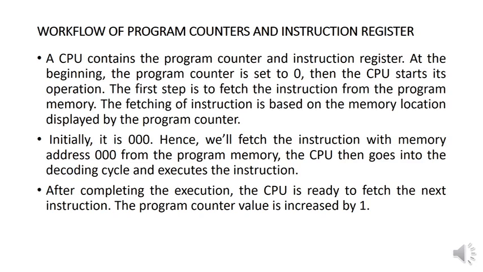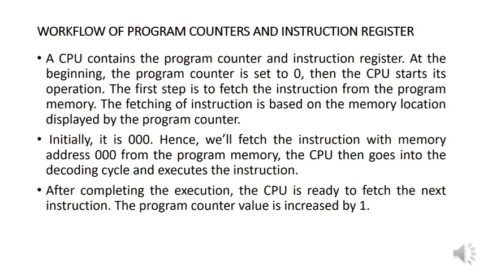Then this now takes us to the workflow of the program counter and instruction register. How does the work flow between these two? So a CPU contains the program counter and instruction register. It contains the two. At the beginning, the program counter is set to 0. Then the CPU starts its operation from 0.